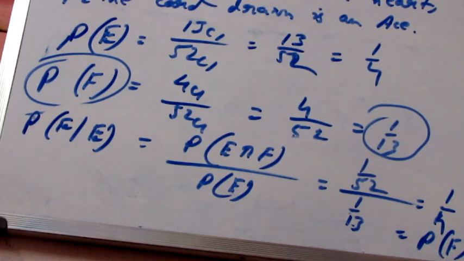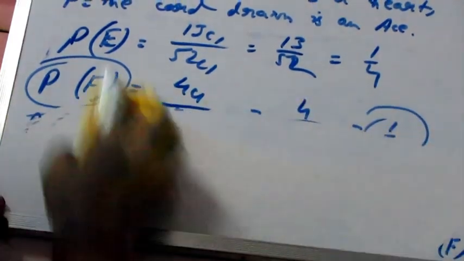Thus, the formula becomes: probability of E given F is equal to probability of E, and probability of F given E is equal to probability of F. That means the occurrence of F has no effect on E and the occurrence of E has no effect on F. So E and F are such events that the occurrence of any of them does not affect the probability of occurrence of the other.